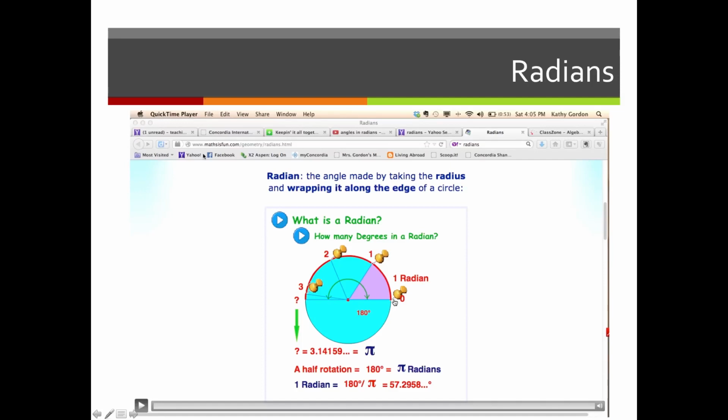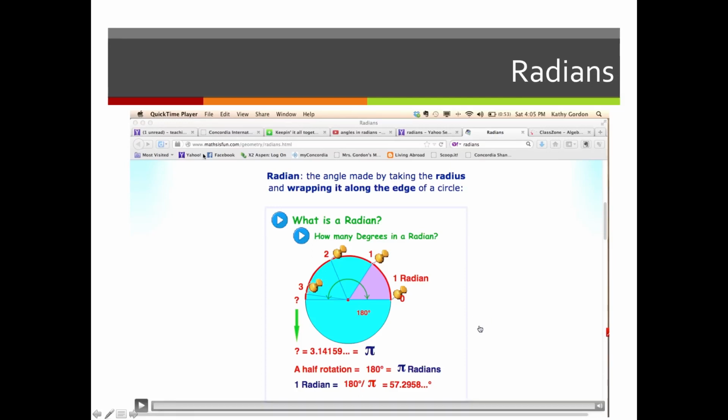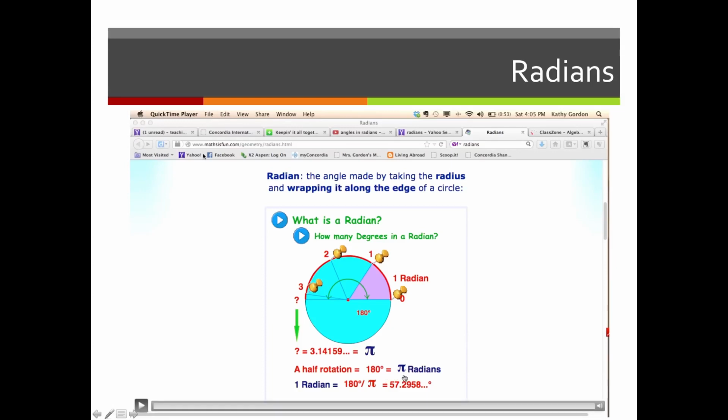Okay, now that's an important equivalence to keep in mind, because again, one of the things we'll be doing in class is converting back and forth between degrees and radians. And the way that we do that is going to depend on this equivalence, the fact that 180 degrees is the same as pi radians.